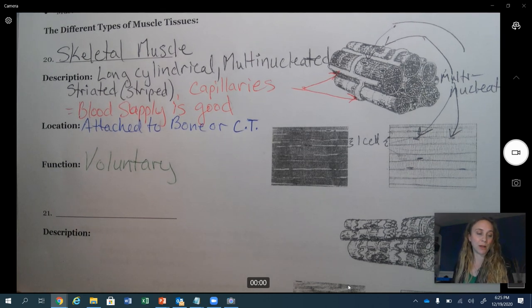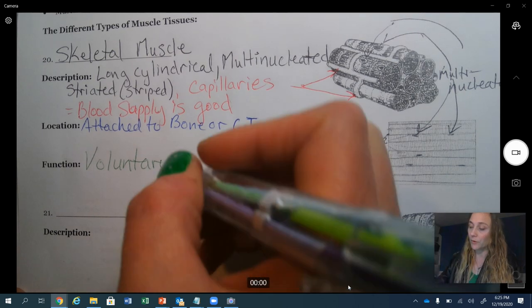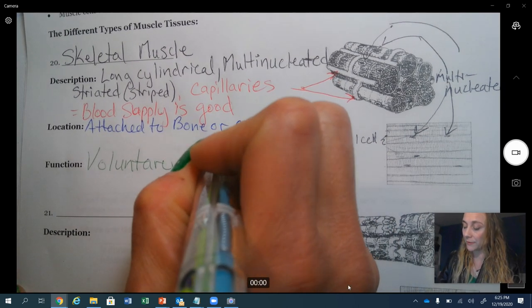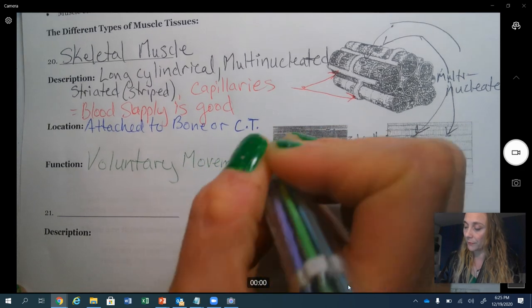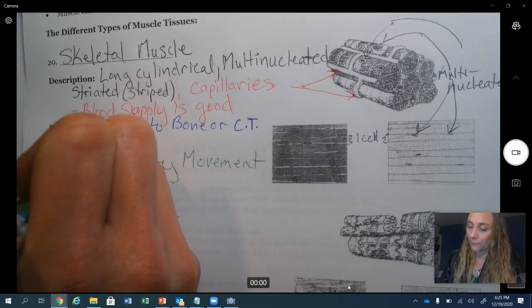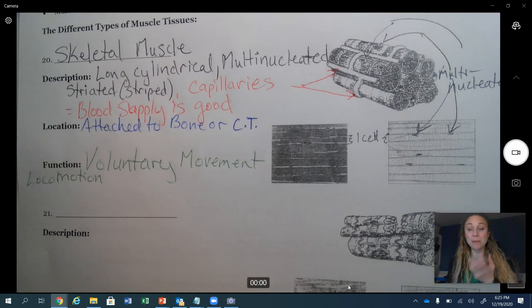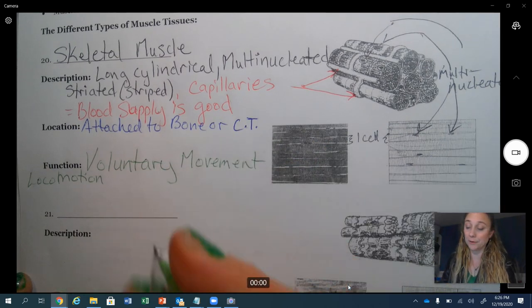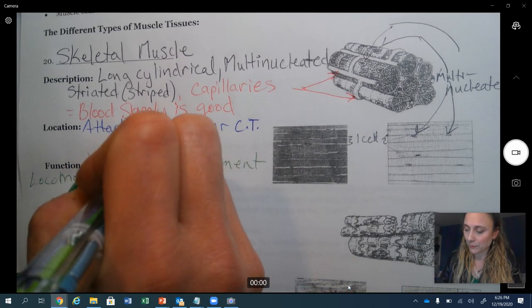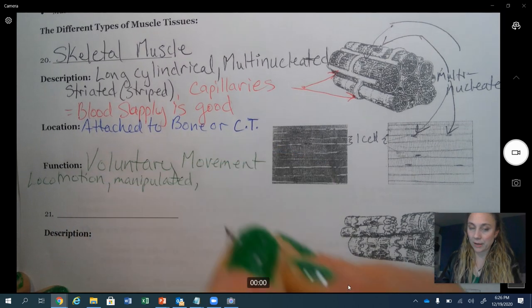Its function: it's voluntary movement, but the voluntary movement that's involved could be locomotion. Manipulation. So I guess just being able to take things in your hand and write your notes. We talked a little bit about that.